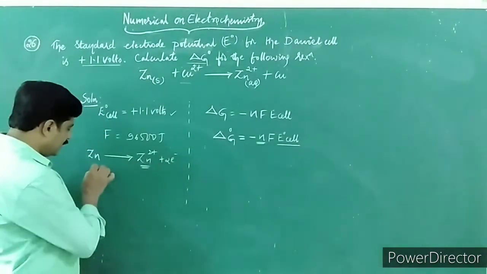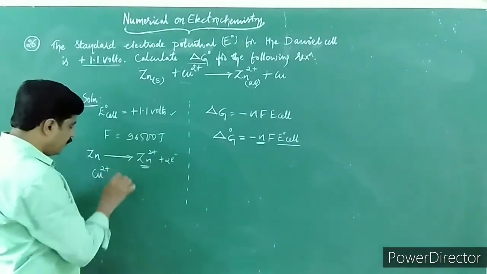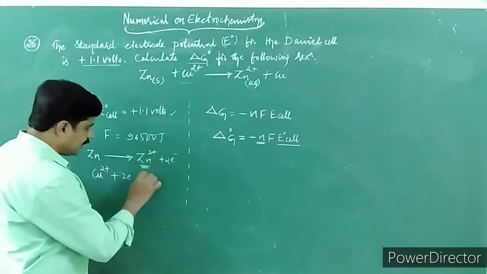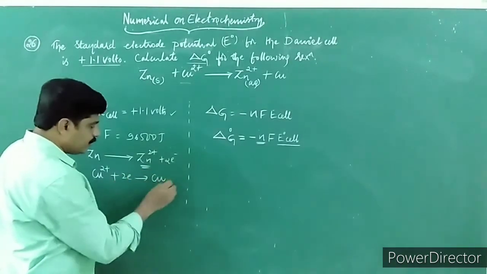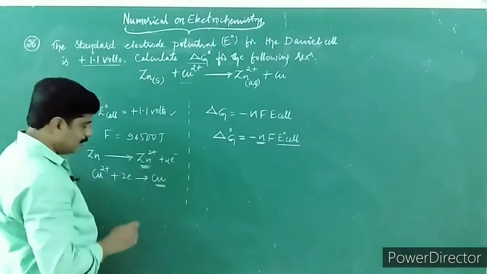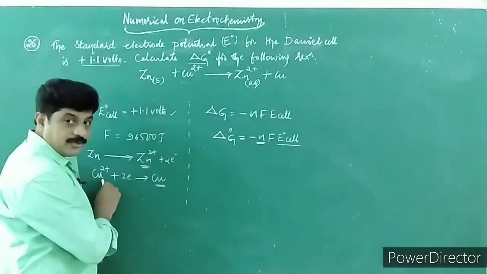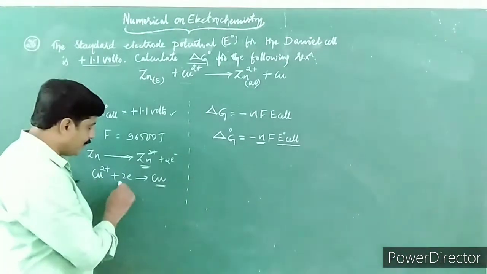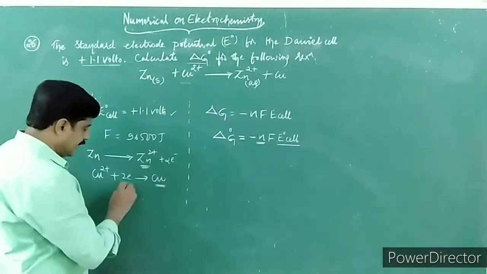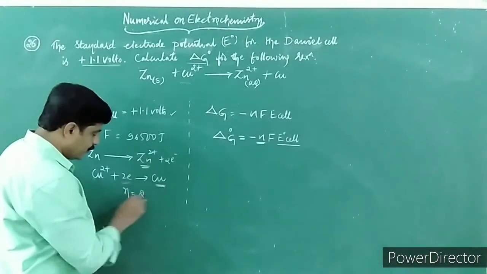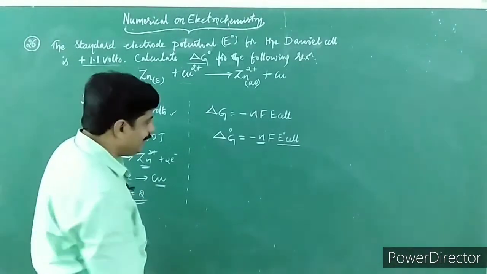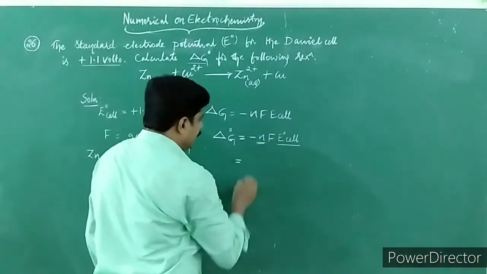Is it not? Look at the copper. Cu2 plus ion takes up the 2 electrons which are lost by the zinc and gets reduced to copper. Children, look at here. For 1 mole of Cu2 plus ion to reduce, you require 2 moles of electrons. That means N is equal to 2. Hope you got it.